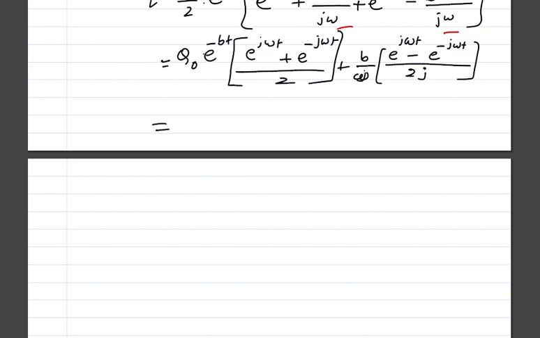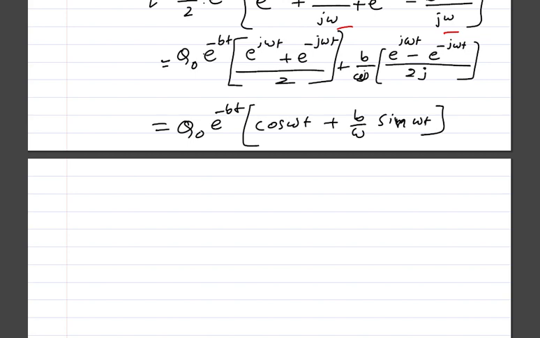So that is nothing but q naught e to the minus bt into cos omega t plus b by omega sine omega t.